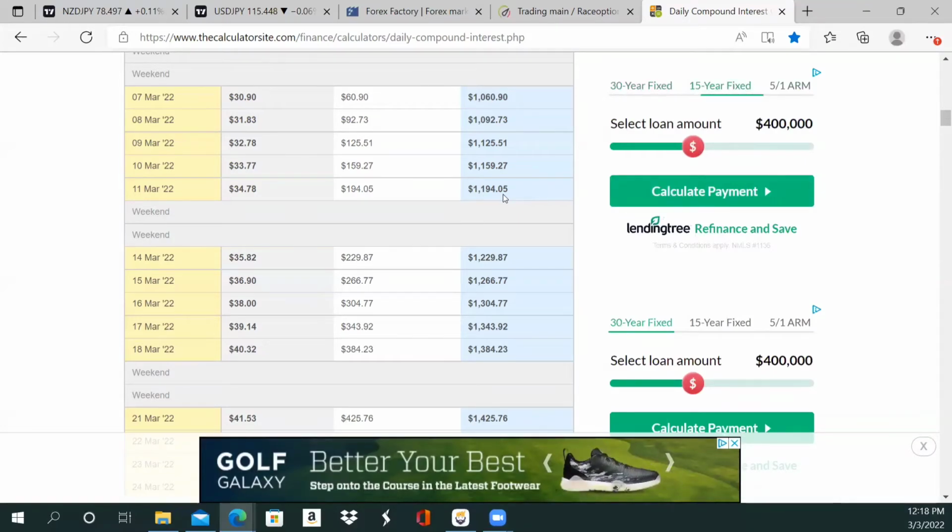Finding your setups may take time. They may take time to get to your certain levels that you want. And sometimes those levels, they don't get reached, and that's the hard part.